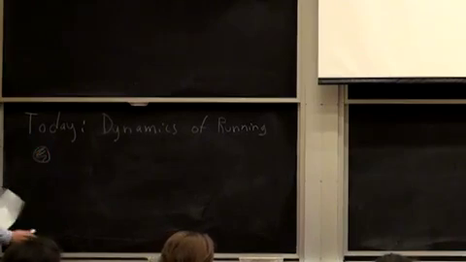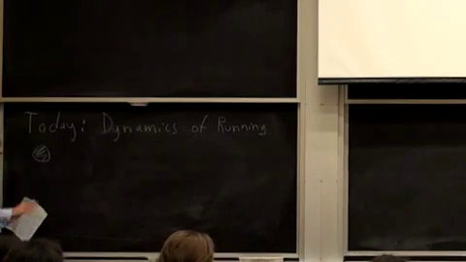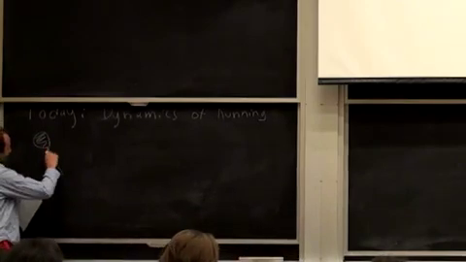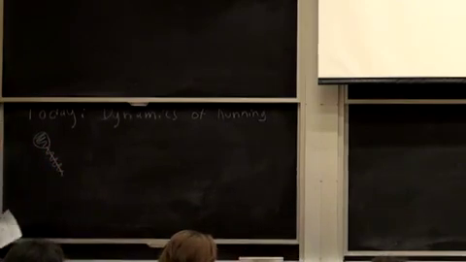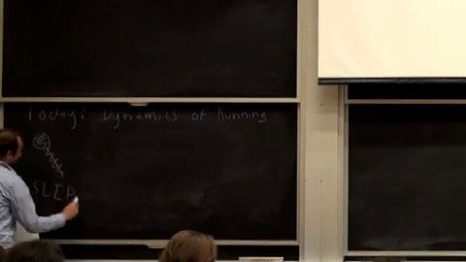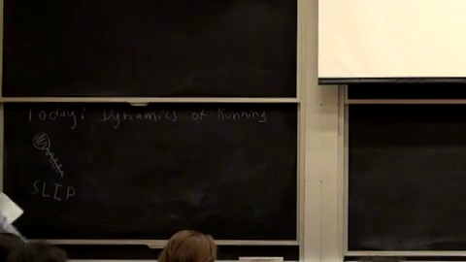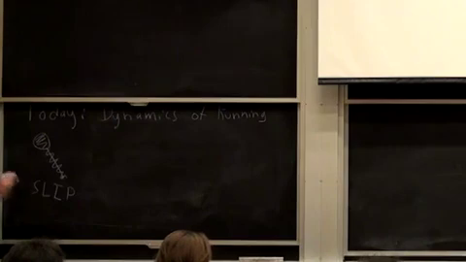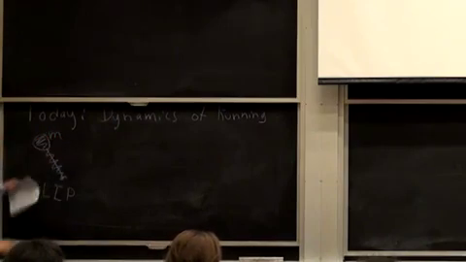So the basic model we're going to look at today, and several different versions of this, is the SLIP model. This is the spring-loaded inverted pendulum. It's sort of like the running version of the rimless wheel or compass gait. It's pretty simple. You just have a mass at the end of a pendulum.